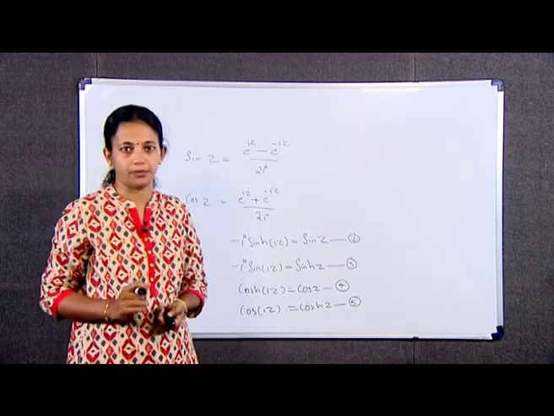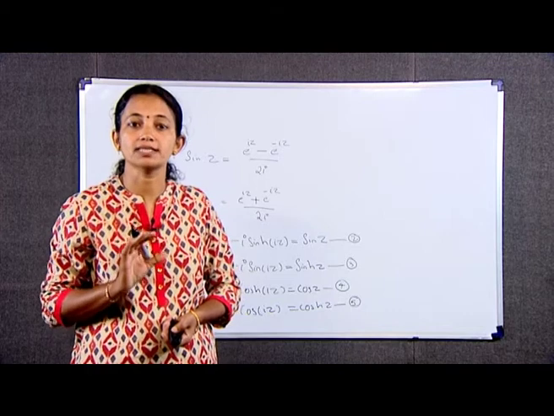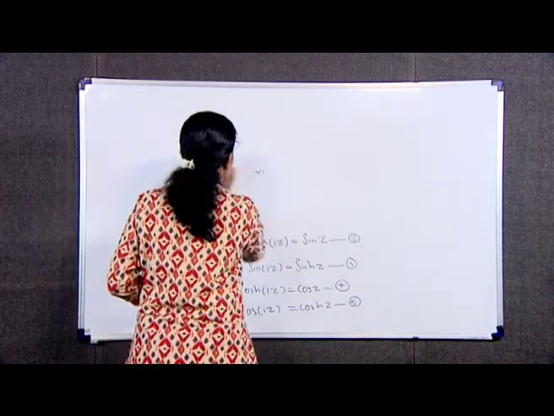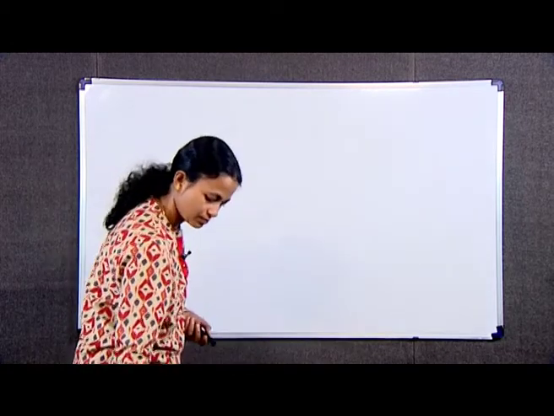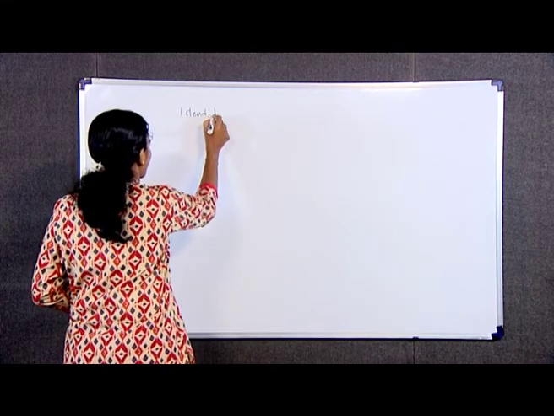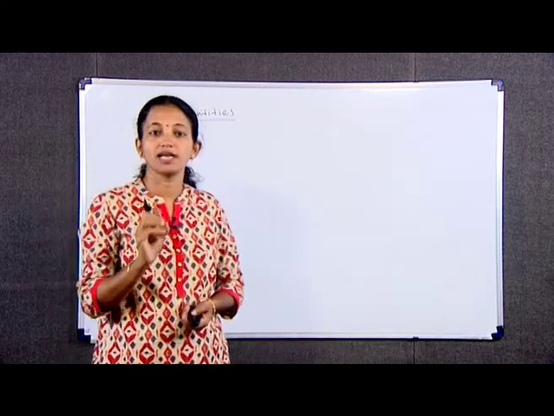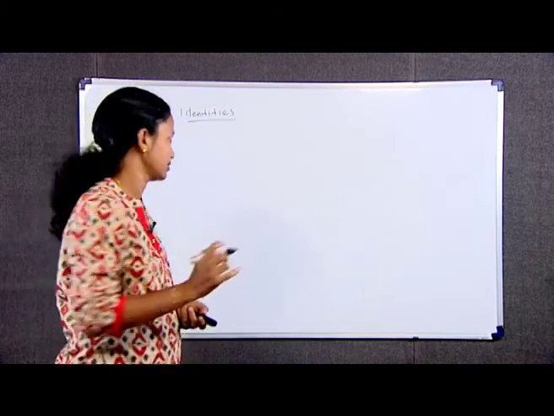Equation number 5. Next, we have identities involving hyperbolic sines and cosines. First one, we have sinh of minus z is equal to minus sinh z.